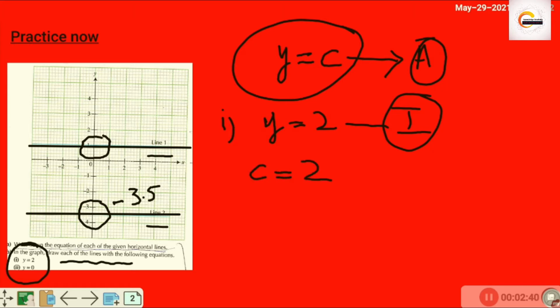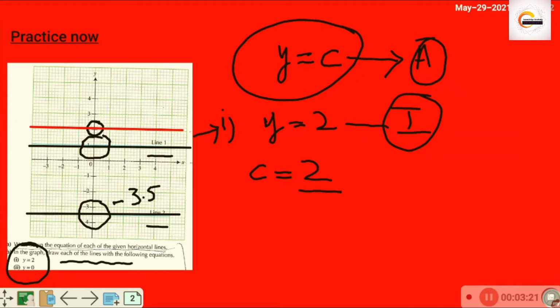So we have to draw a horizontal line which cuts the y-axis at 2, since c equals 2, our y-intercept is 2. And where is our point 2? It's here. So our horizontal line will cut the y-axis at point 2, and its equation is y equals 2.